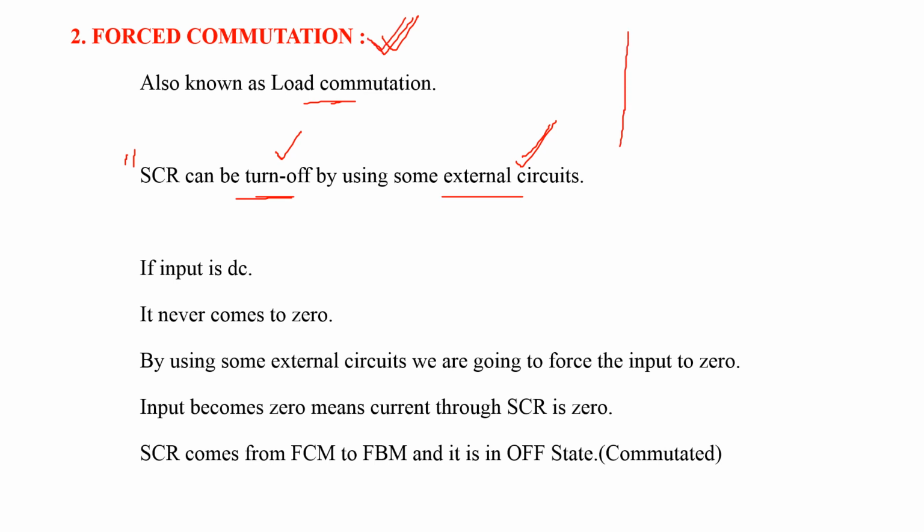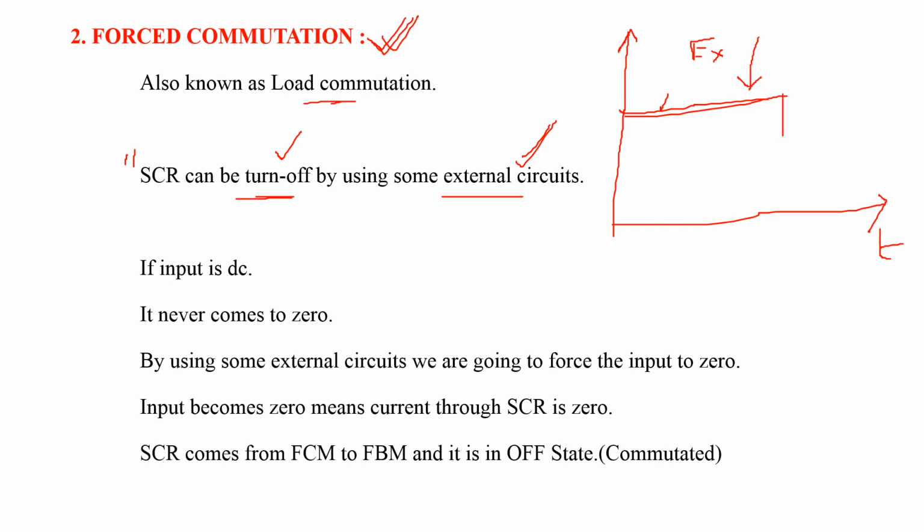If input is DC, this is the DC input waveform. This DC input waveform never comes to 0, means the magnitude of DC input is constant with respect to time. If you want to make this DC input 0, we have to use some external circuits. Means by using some external circuits, we are going to force this input to 0.